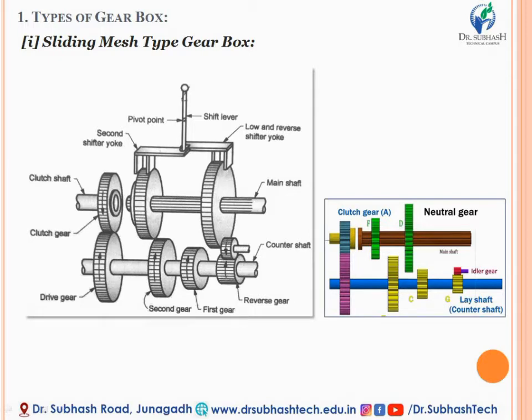So whenever the power or torque from the main shaft comes to these gears, it will be transmitted directly to this gear. One more thing that should be discussed here is that the diameter of the gear mounted on the main shaft is very much less as compared to the gear mounted on the counter shaft.